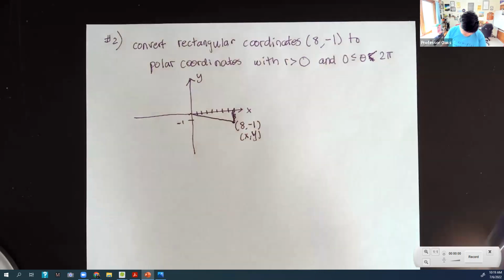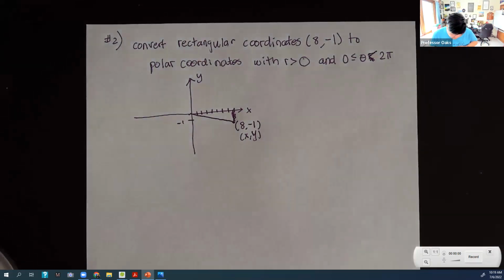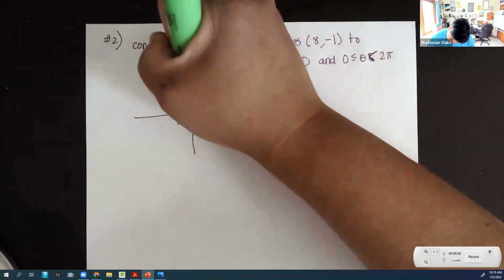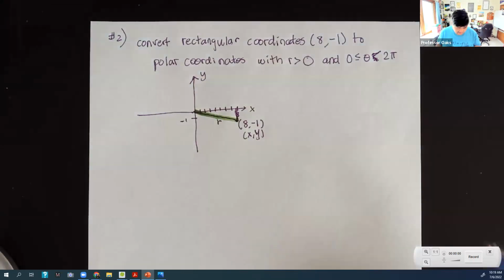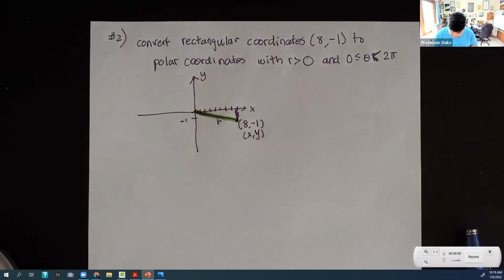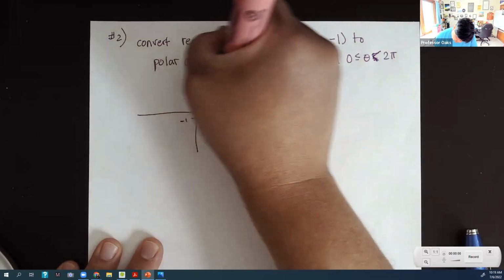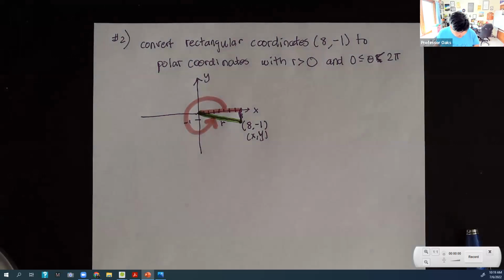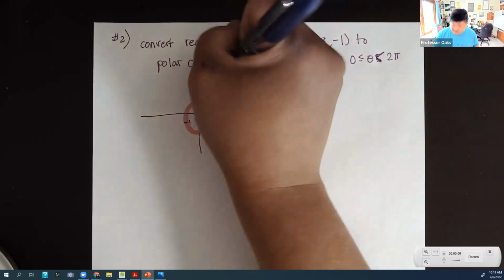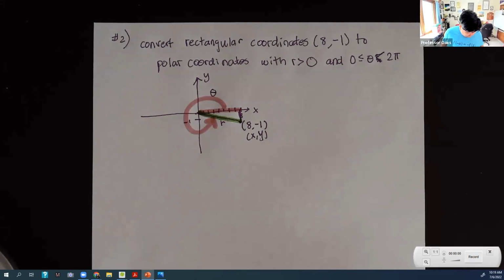So I know that I need two things. One of the things I need is this, the r. And the other thing I need, from this axis over, is the theta. So I need to find the r and I need to find the theta. The r comes from the Pythagorean theorem.